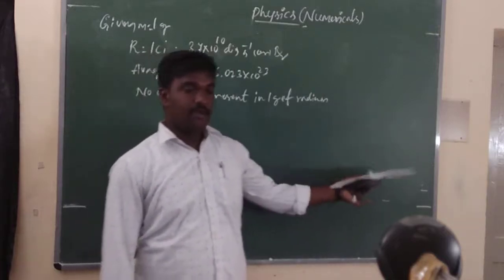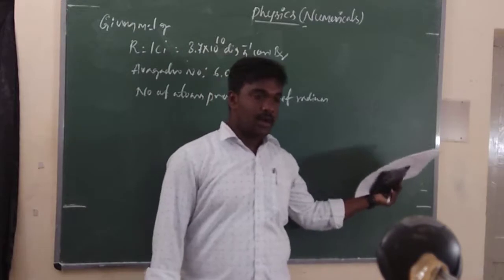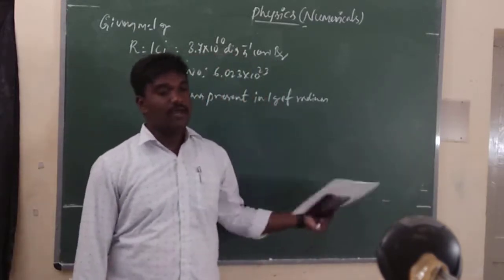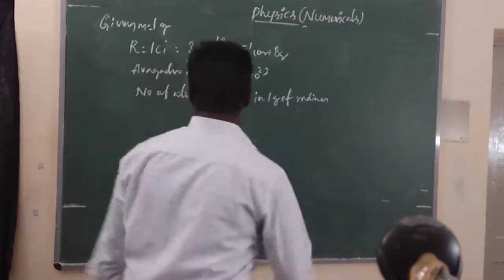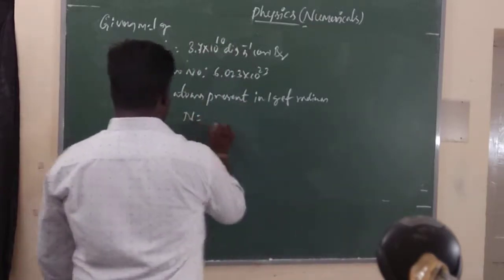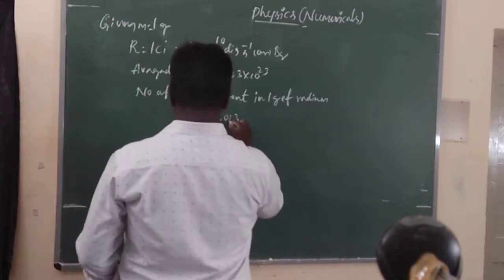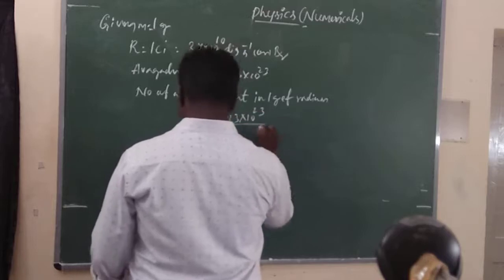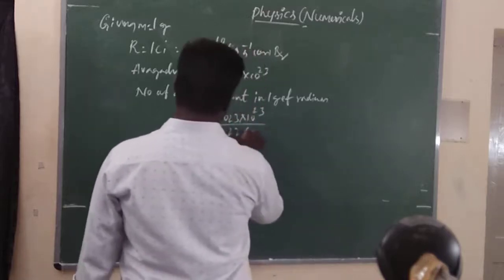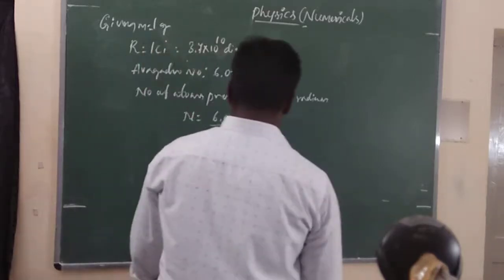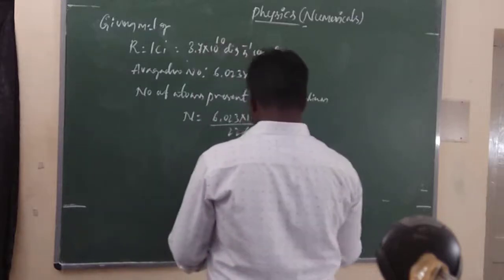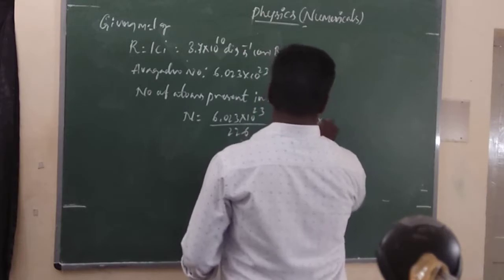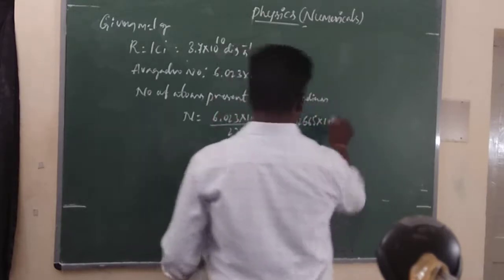Okay. The same way, already given mass of the radium is 1 gram. So how many atoms present in 1 gram of radium means N is equal to 6.023 into 10 to the power of 23 divided by 226. So that is equal to 0.2665 into 10 to the power of 23.